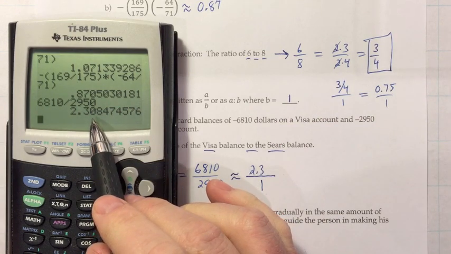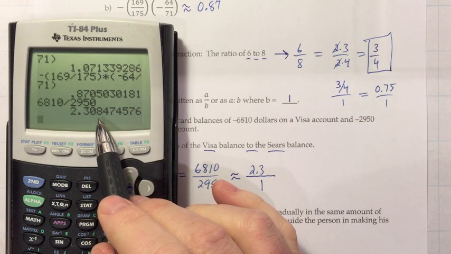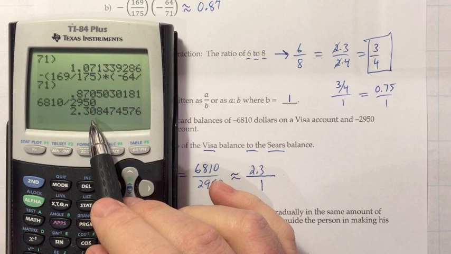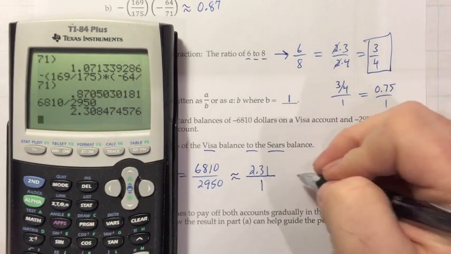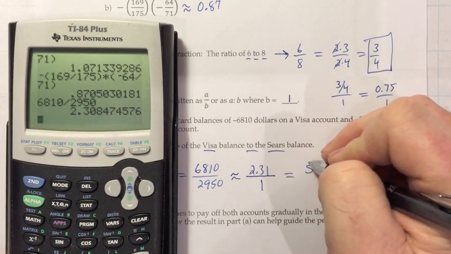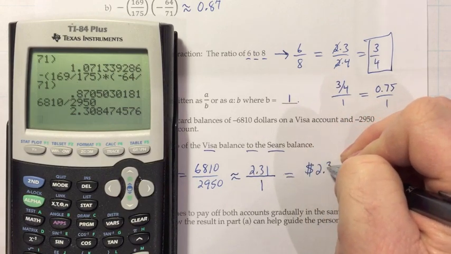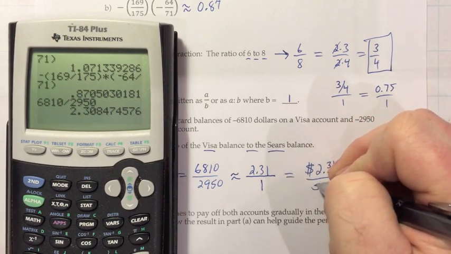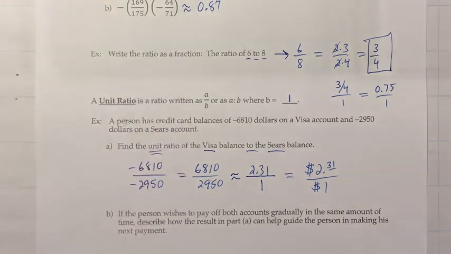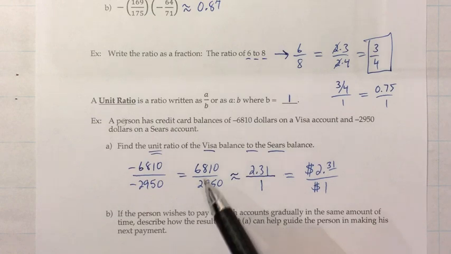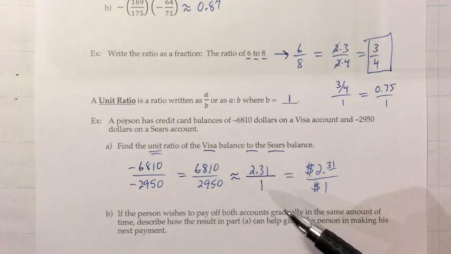And then the second is a 0, but it's followed by an 8. Anything 5 or higher in the third place means we need to round up in that second place, so 2.31. I also think it's good to put units on it, so it's $2.31 over $1. And so that's a unit ratio now, because the denominator is a 1, and I got there just by doing the division on my calculator and writing that in the numerator and putting the 1 in the bottom.